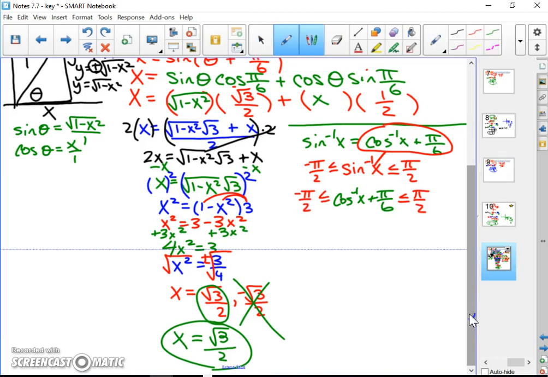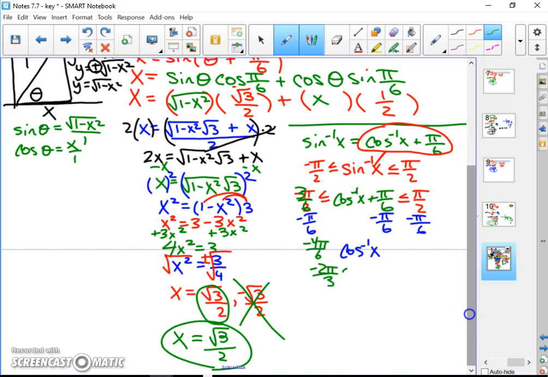I want to kind of isolate my inverse cosine, so I'm going to subtract pi over 6 just to get inverse cosine by itself. And I need to get a common denominator. You've got negative 3 pi over 6 minus pi over 6 is negative 4 pi over 6. But that's negative 2 pi over 3.